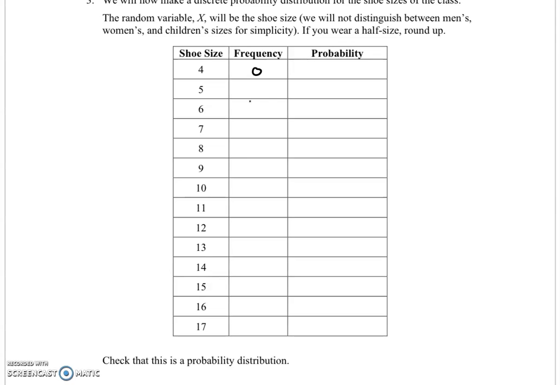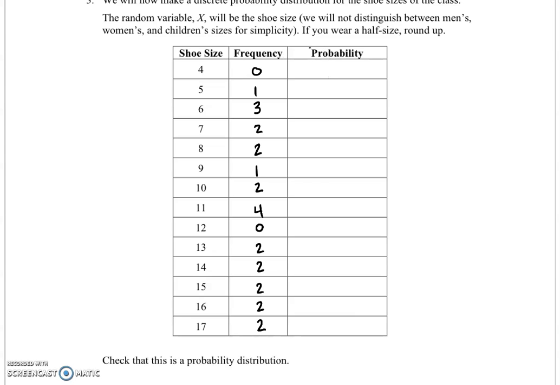So I had 0, 1, 3, 2, 2, 1, 2, 4, 0, 2, 2, 2, 2, 2. Now we have a lot of really large shoe sizes in this class, and not very many regular shoe sizes, but that's okay. This is what happens with a random number generator.